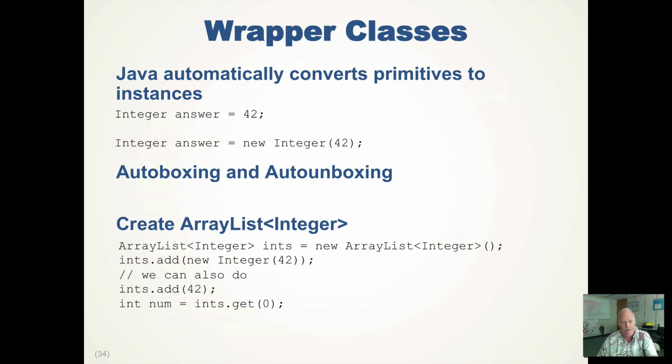We can add an Integer 42, or we could add the int 42 and Java will automatically box that primitive into an Integer. And when we get the first item in the array list, that returns an Integer, but Java automatically unboxes it into its primitive type, and so we have the int num. So we can create, conceptually, an array list of ints, but it's actually an array list of Integers, and it's completely transparent to us when we're using it.